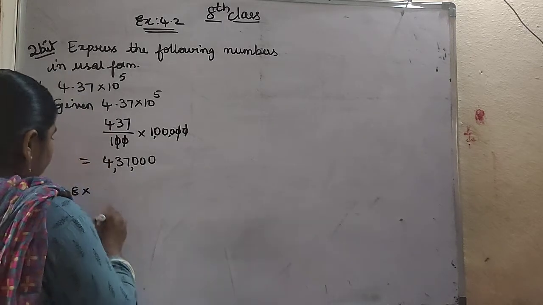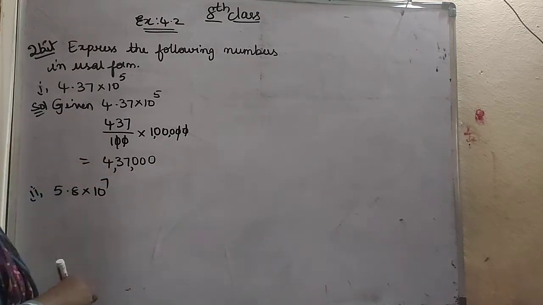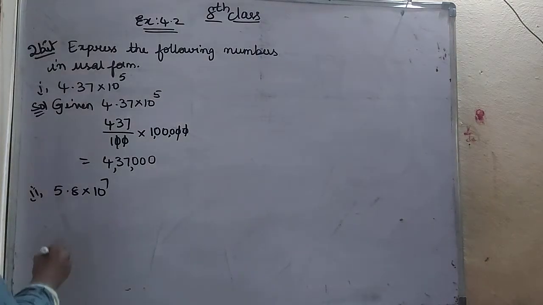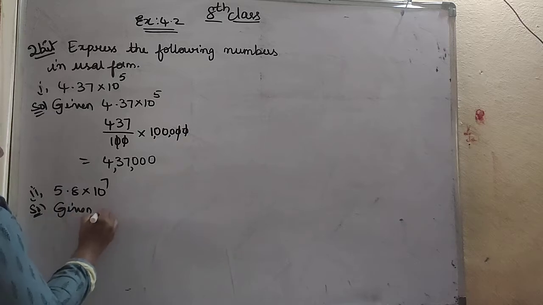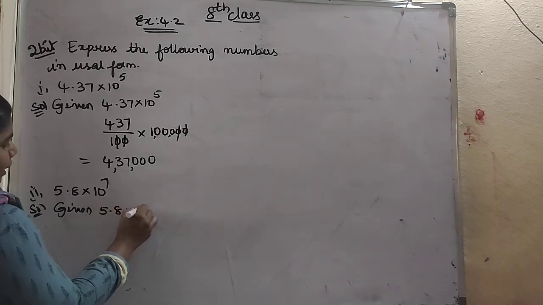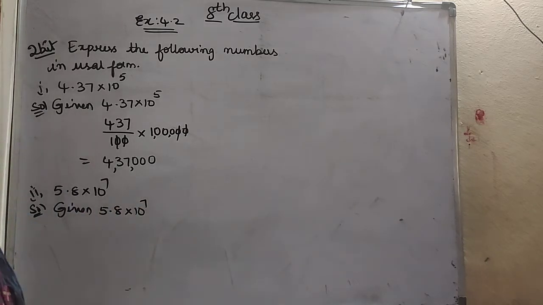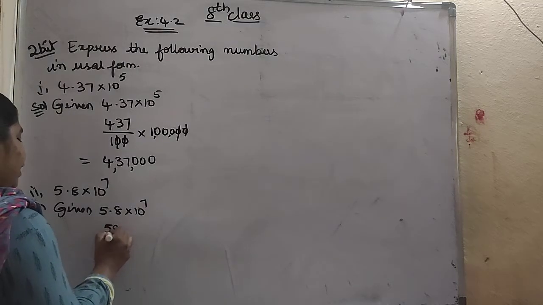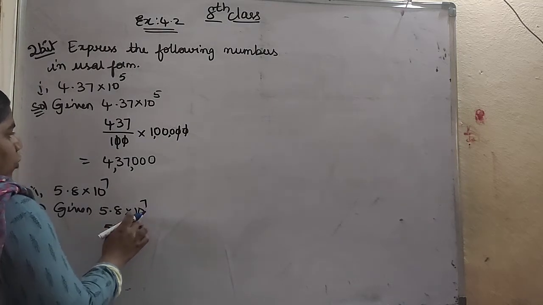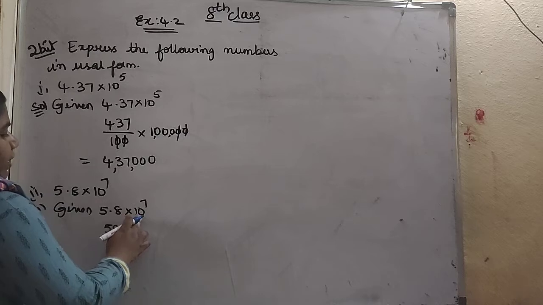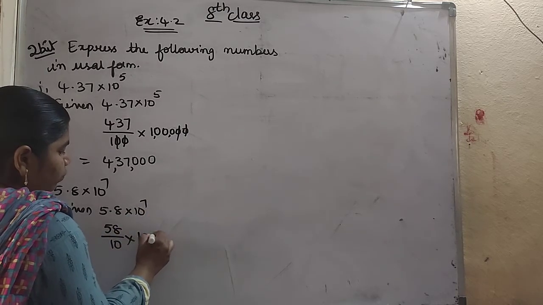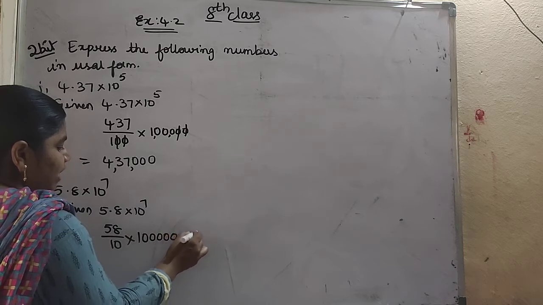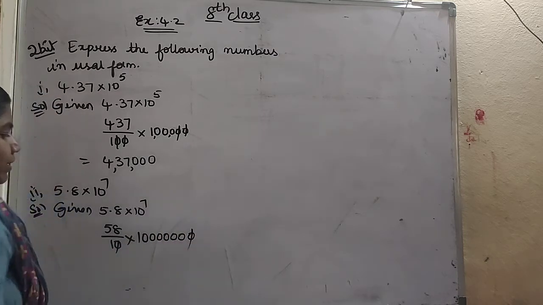So second one, 5.8 into 10 power 7. Here the power is a positive value, so it will be a bigger number. So after point, how many digits are there? Only one digit is there. So in denominator you will get only 1 zero. Okay, so we can write 58 by 10 into 1 followed by 7 zeros. 1, 2, 3, 4, 5, 6, 7. 0 will get cancelled.